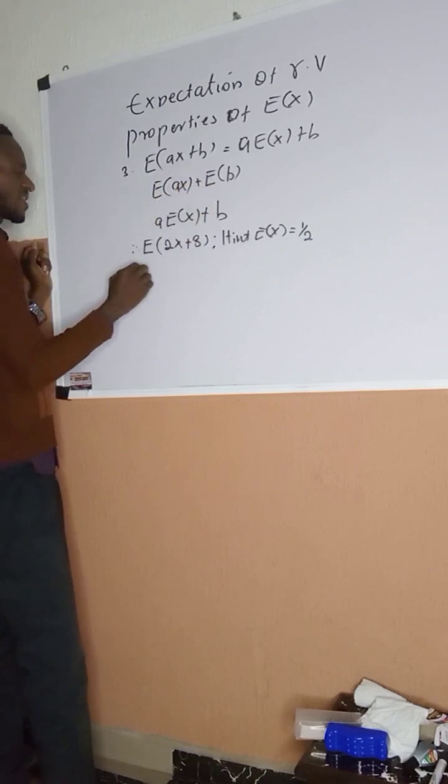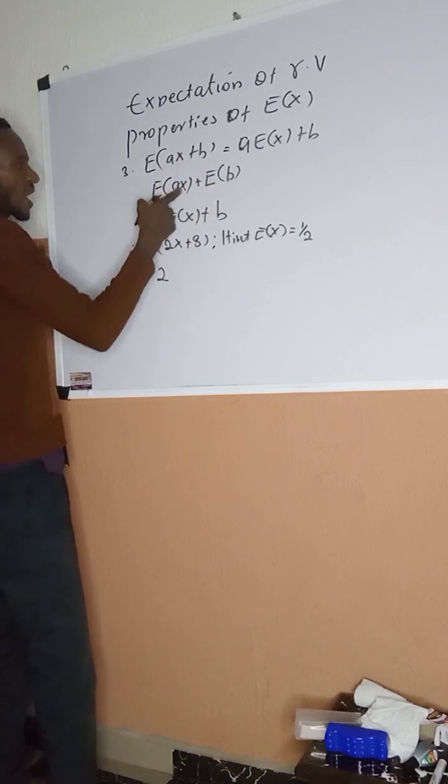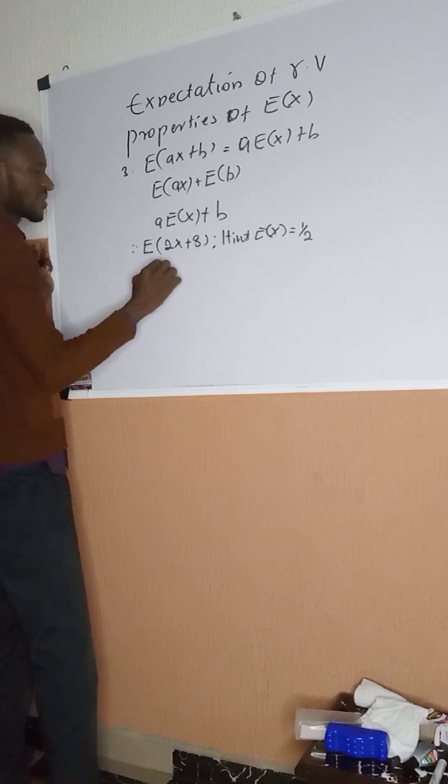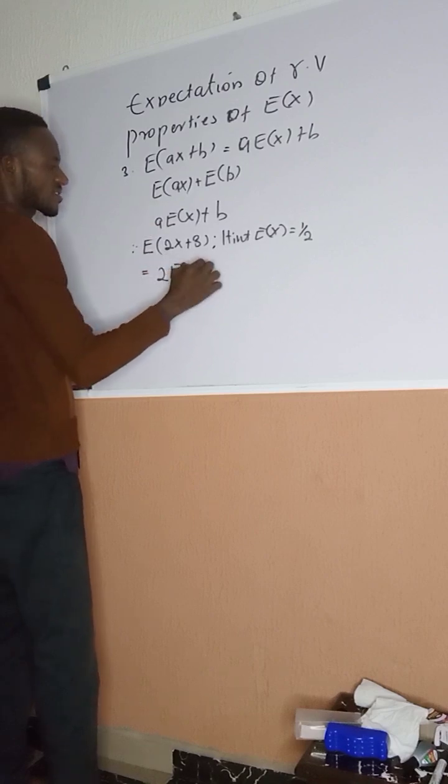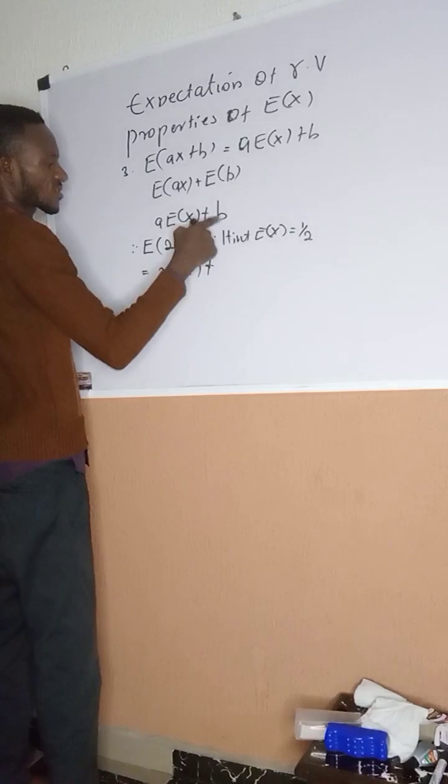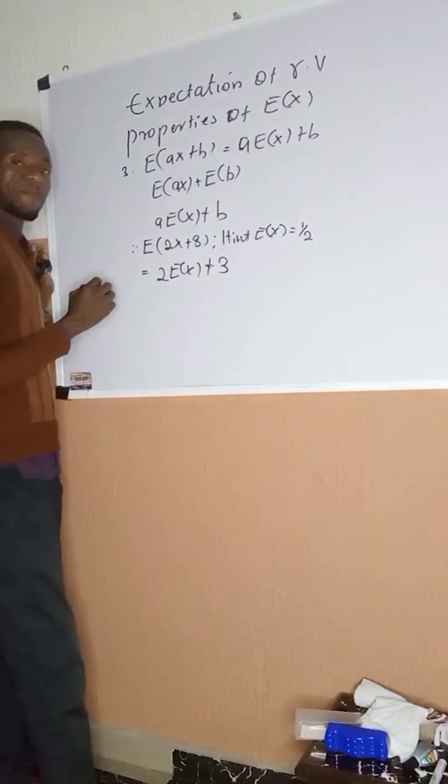It becomes that this equals 2 comes outside, just like this a came outside, E of X plus this constant, just like this b, which is 3.